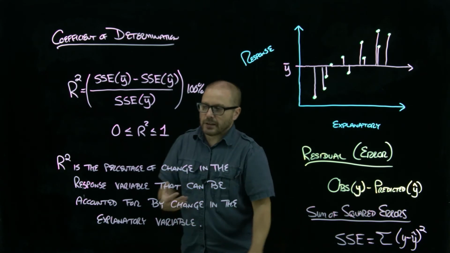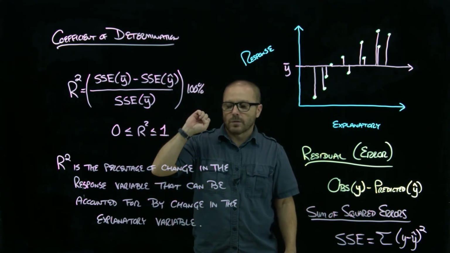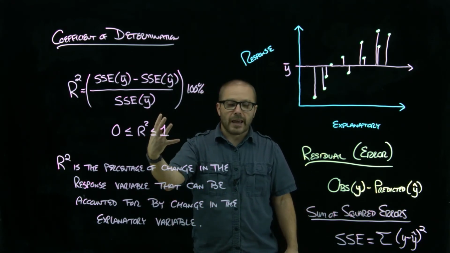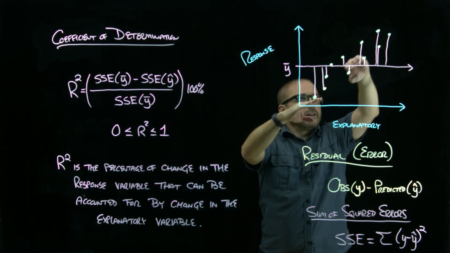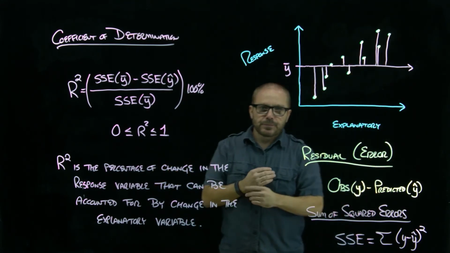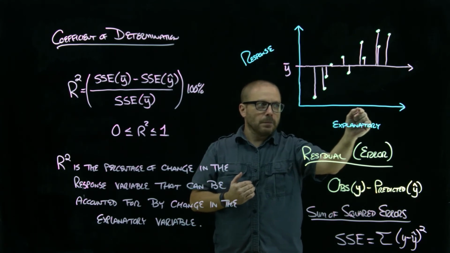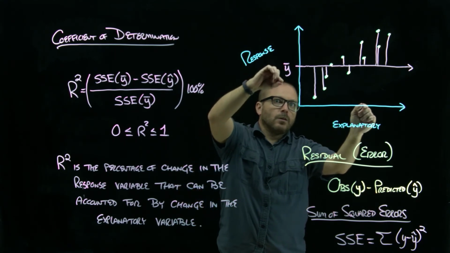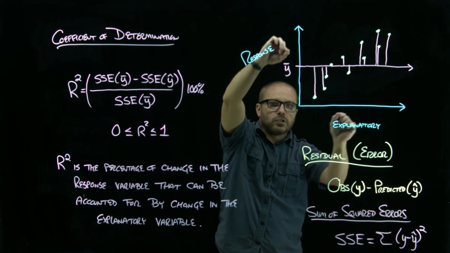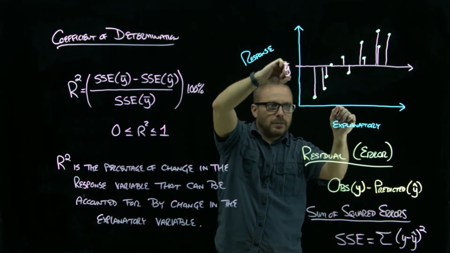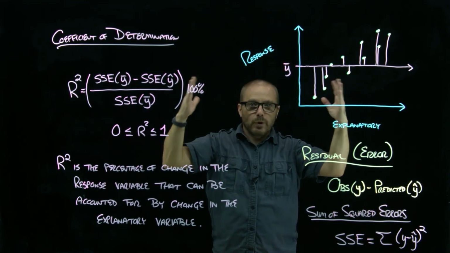So just think of the extreme case. If r squared is 1 or 100%, your data is perfectly fitting a line, which means that changing this variable 100% connects to changing in this variable, right? Because we can perfectly predict it.